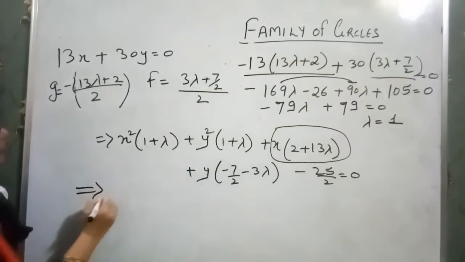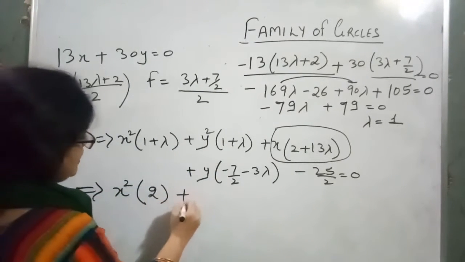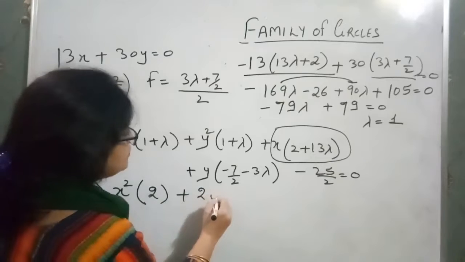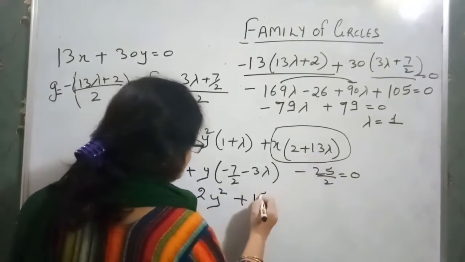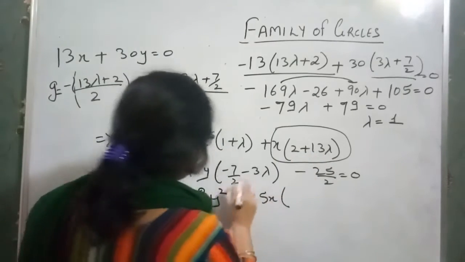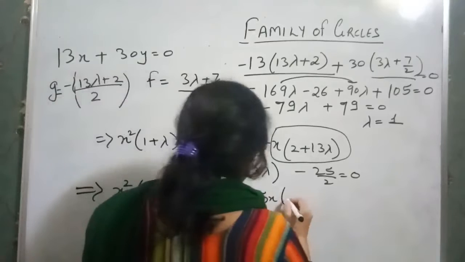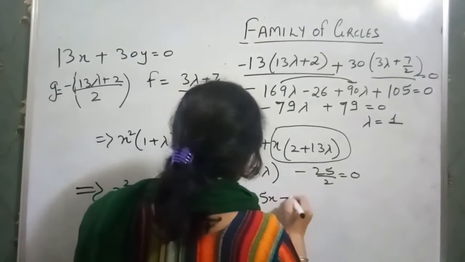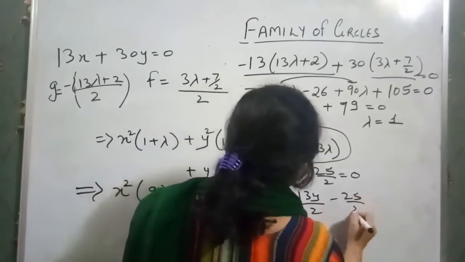So the required equation of the circle is 1 plus 1, that is 2; 1 plus 1, that is 2. And here we have 15x. Now here we have 3, 3 twos are 6, 6 and 7, that is minus 13y over 2 minus 25 over 2.